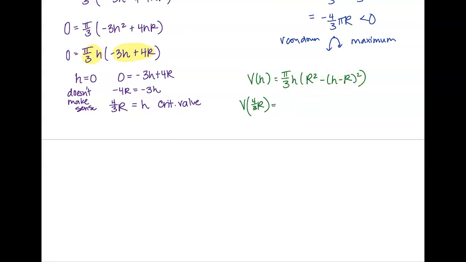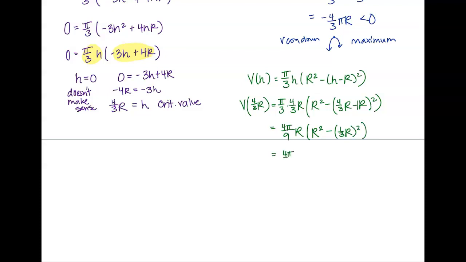So we get pi over 3 times 4/3 R times the quantity R squared minus the quantity 4/3 R minus R squared. And let's keep simplifying. So 4 pi over 9R, quantity R squared minus, all right, 4/3 R minus 1R. 4/3 minus 1 is 1/3. So we get 1/3 R squared.